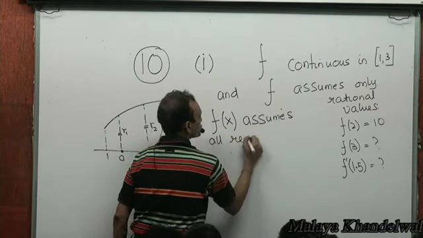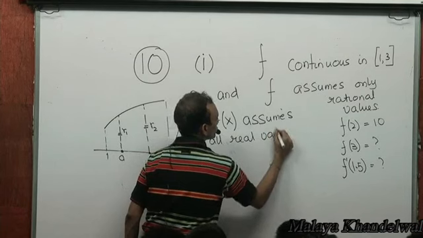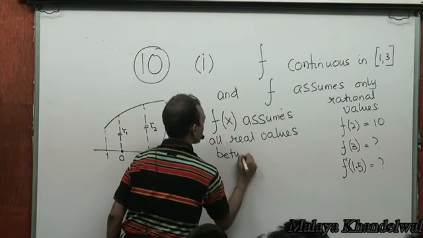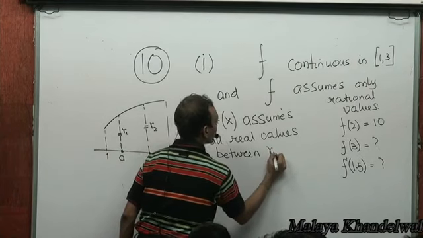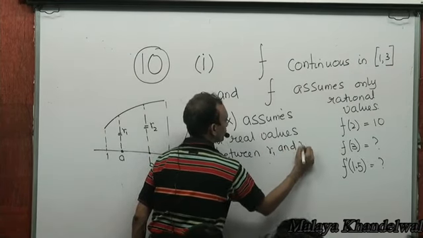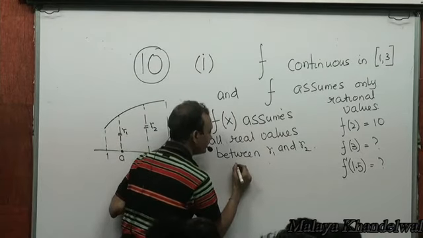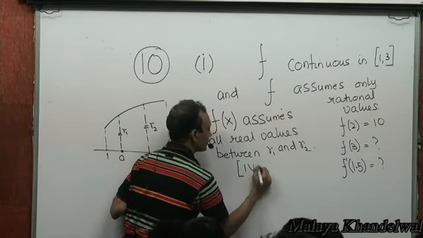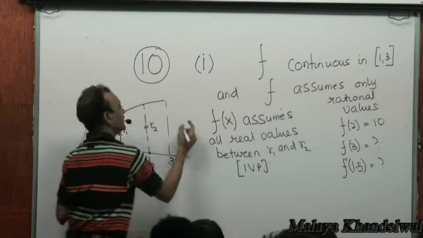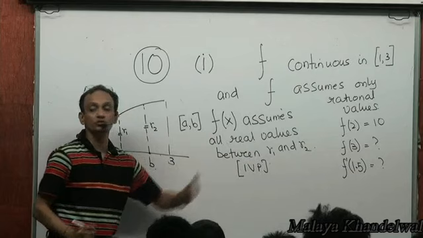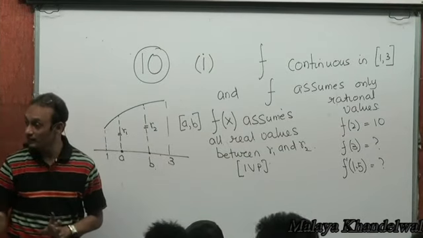All real values between R1 and R2. That's intermediate value property. In the interval a to b, the function will assume all possible values between fa and fb.